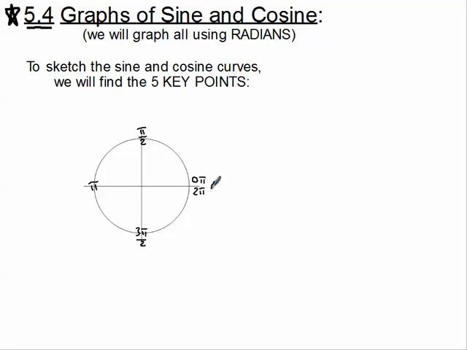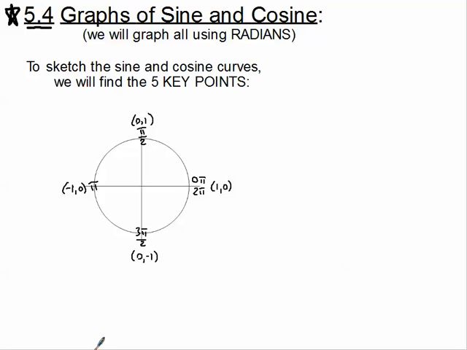At those angles are the ordered pairs (1, 0), (0, 1), (negative 1, 0), (0, negative 1), and of course back to (1, 0). So these are pretty easy points to graph.